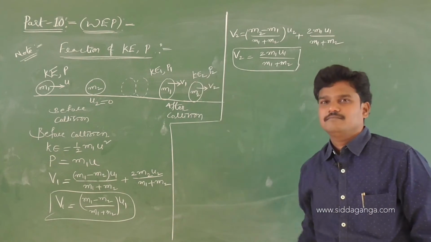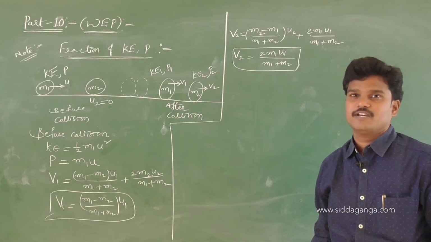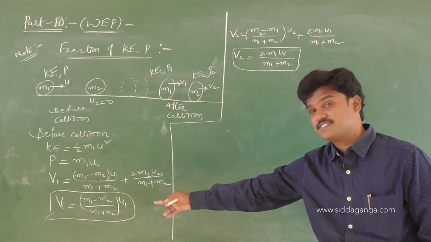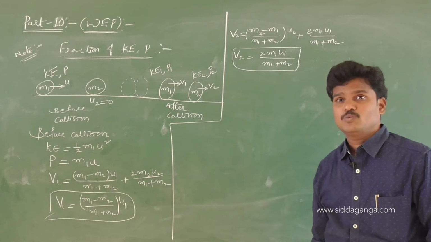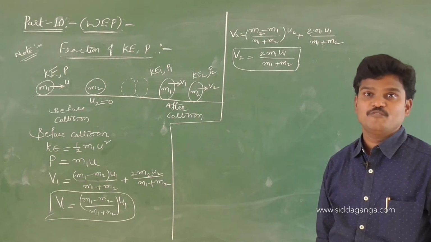What is KE1? Half m1 v1 square. And KE2 is half m2 v2 square.